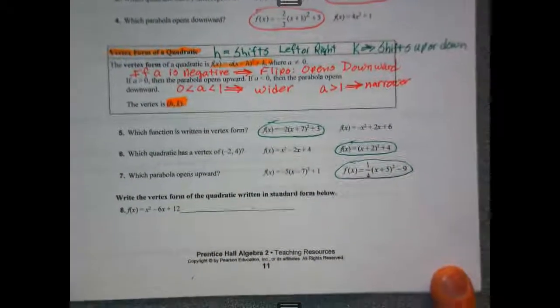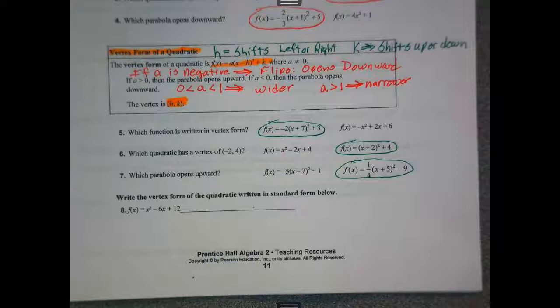Now, on the last quiz we had some problems where you had the standard form of a quadratic equation, or I think we had a graph, and you had to put it in vertex form.